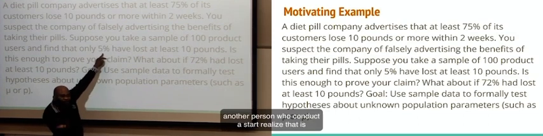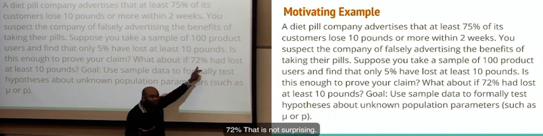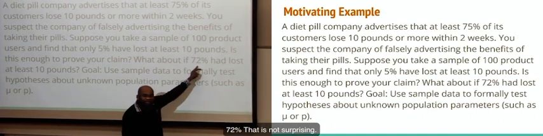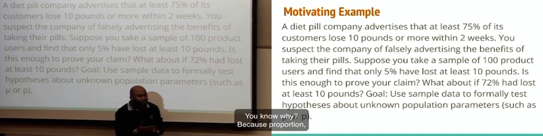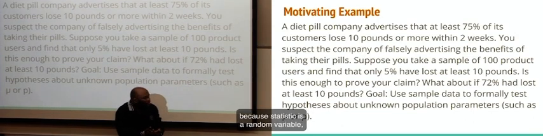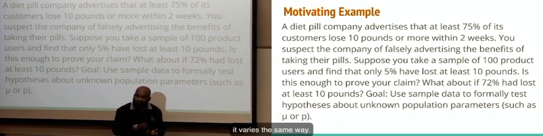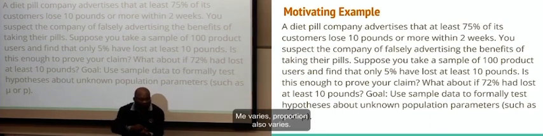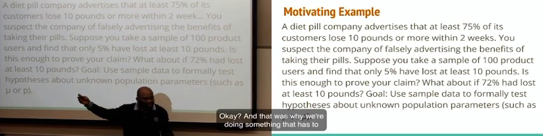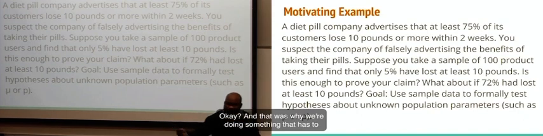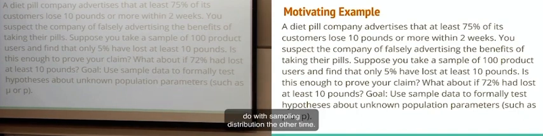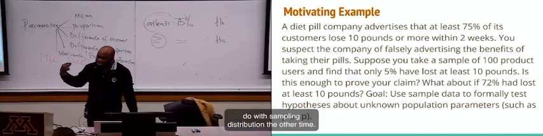Another person could conduct research and realize that it's 72%. That is not surprising. You know why? Because proportion, because statistic is a random variable. It varies. The same way mean varies, proportion also varies. And that was why we were doing something that has to do with sampling distribution the other time.